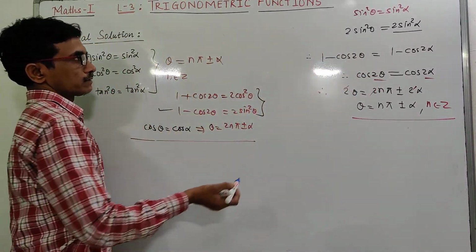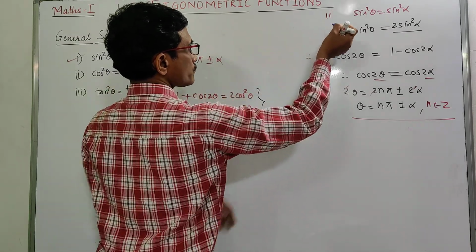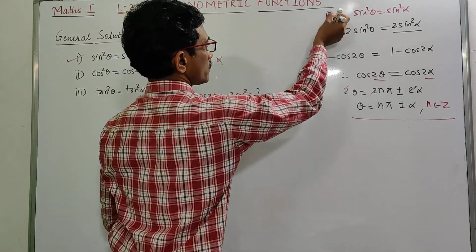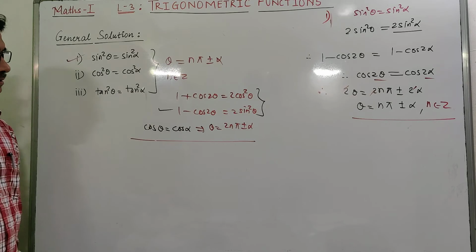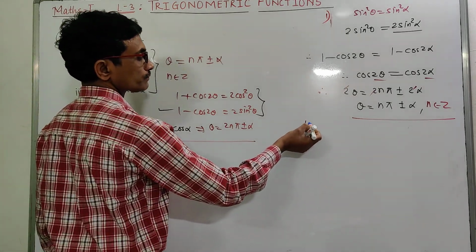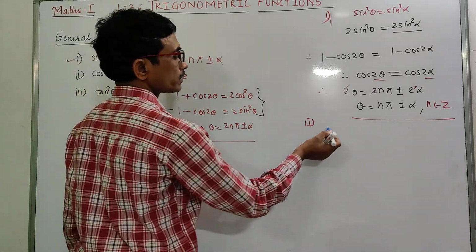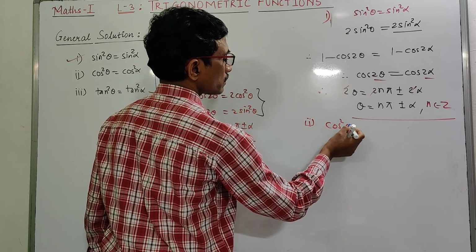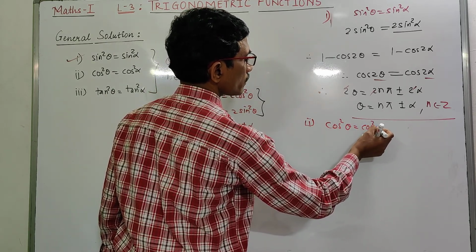Similarly, this is the first one, sin square theta is equal to sin square alpha. See the second one, cos square theta is equal to cos square alpha.